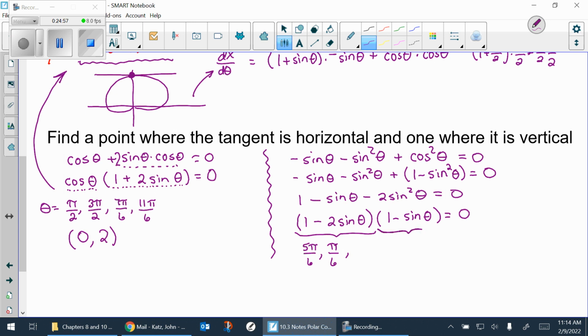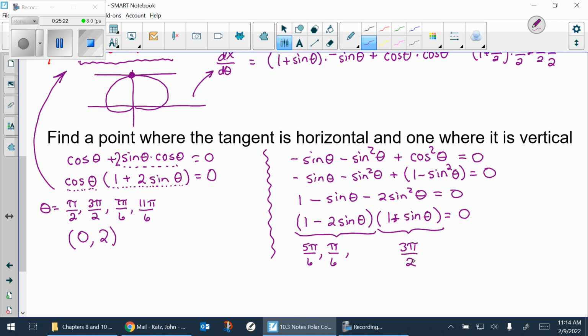And when is sine theta equal to 1? I'm sorry, this is supposed to be a plus, isn't it? I goofed up there. When is sine equal to negative 1, and that is 3 pi over 2.